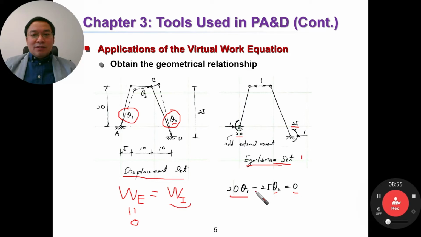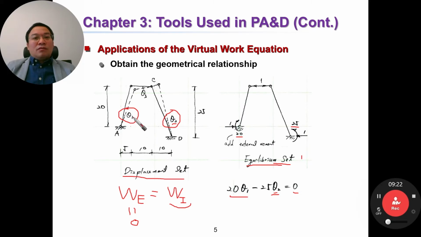Please remember the sign convention. By considering the sign convention of the displacement and the equilibrium set, then we have it is plus and this is minus, or this is minus and this is plus. So please check by yourself.